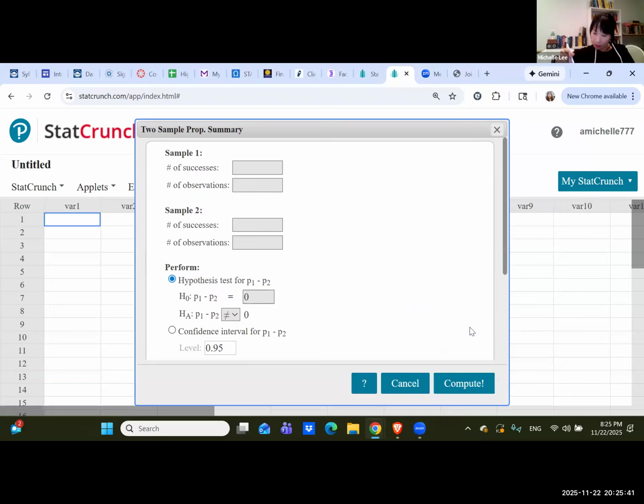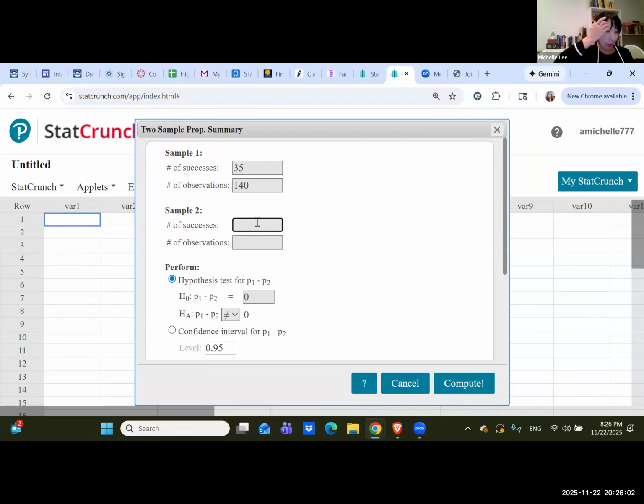Number of successes for the first sample. I took a picture over here. 35 for the successes for the first one, and the number of observations 140.